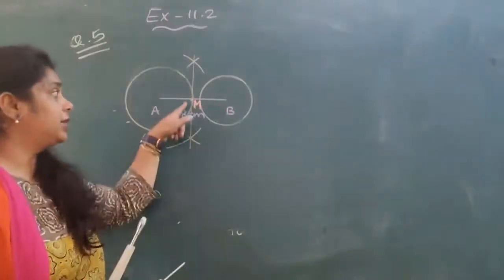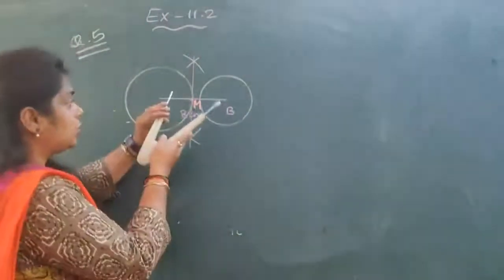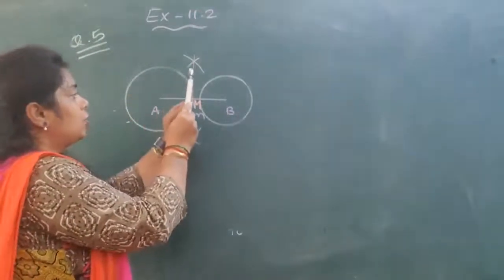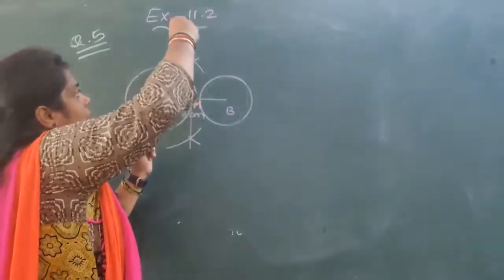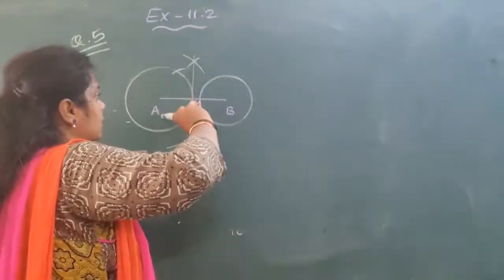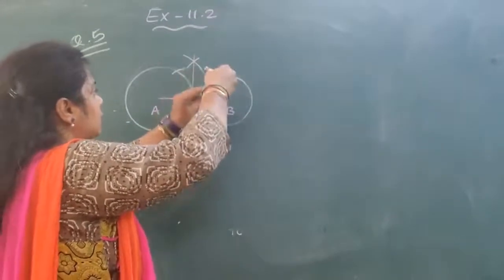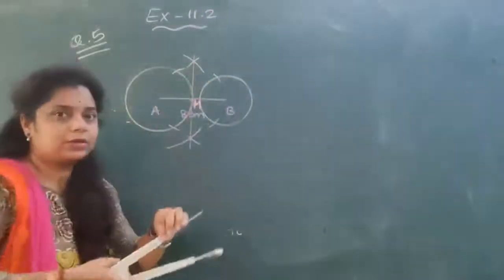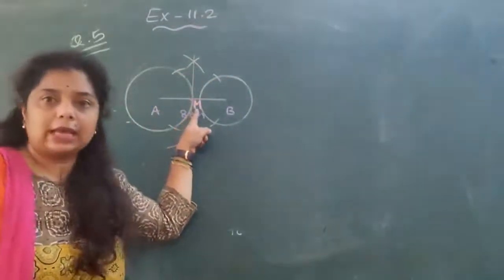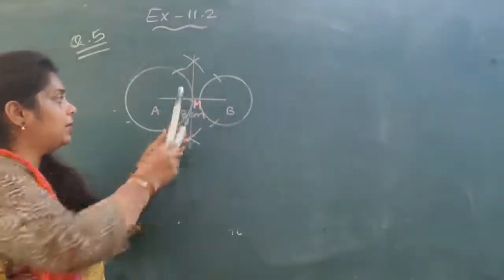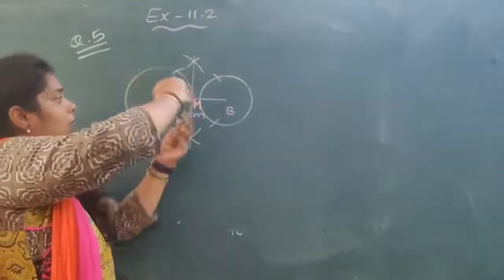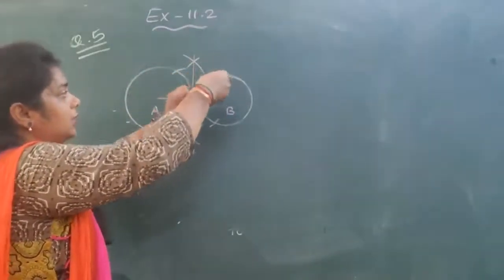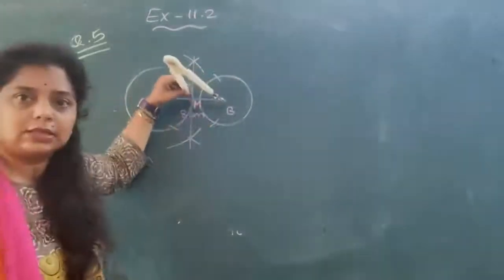Next is with center M and radius MB or MA, you can draw an arc on the circle having center A and on the circle having center B. I repeat, with center M, either MB or MA radius, draw an arc on the circle having center A and the circle having center B. Is it clear?